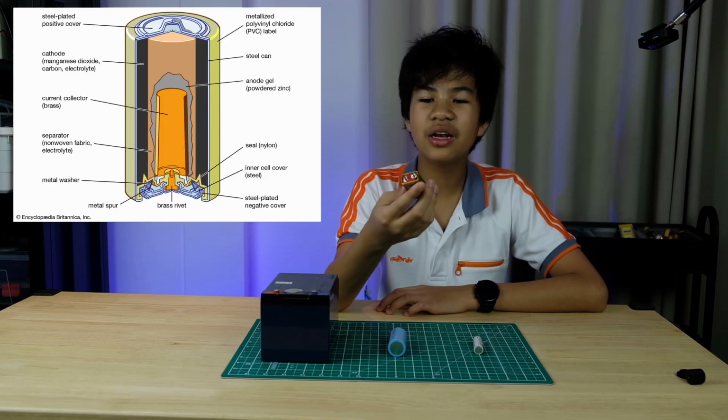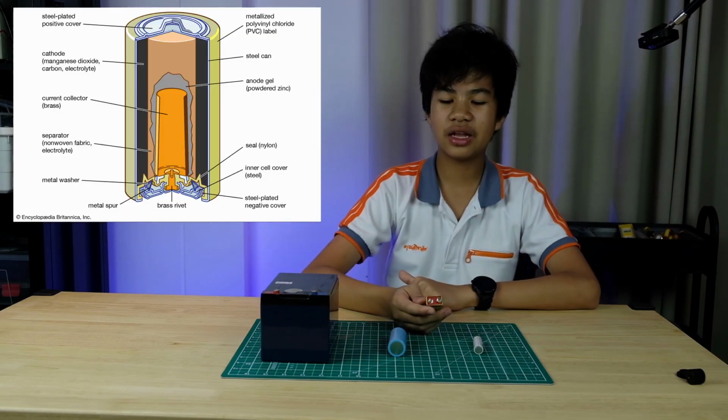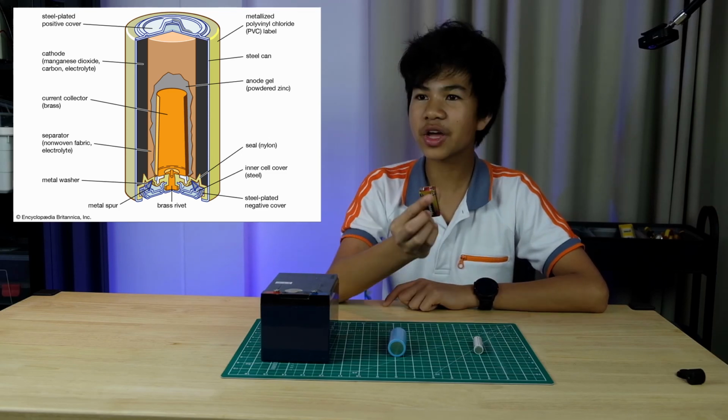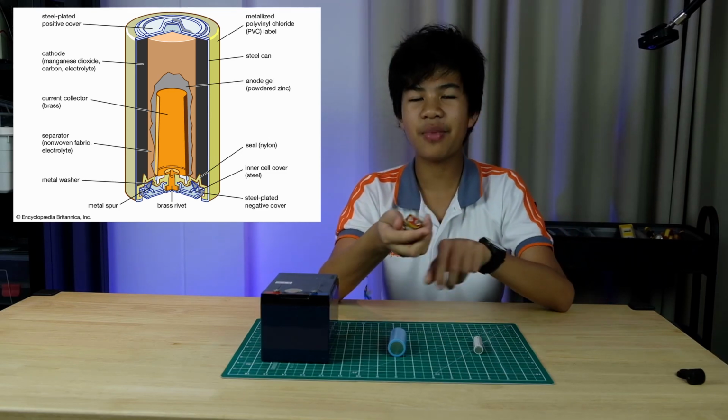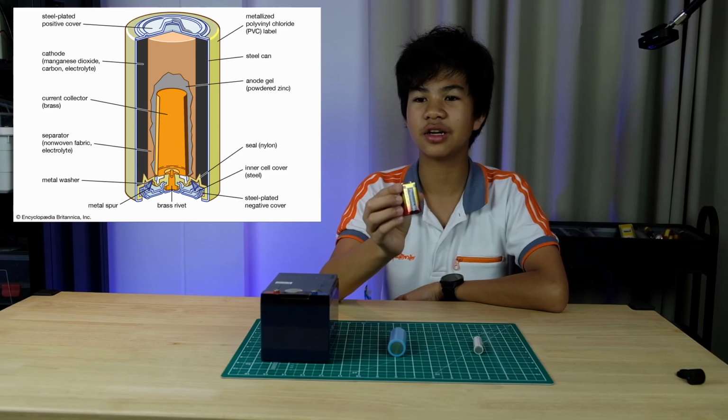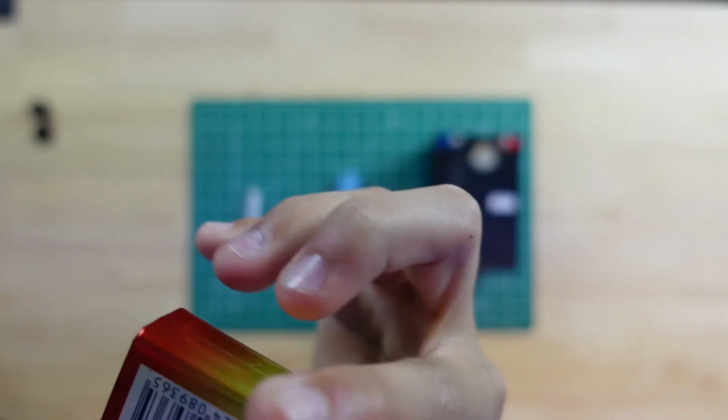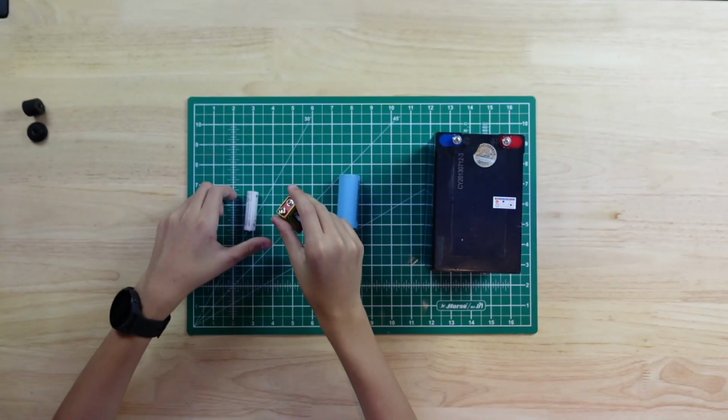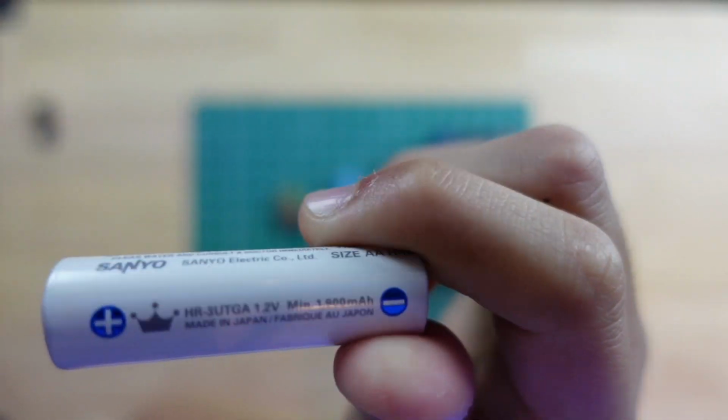Now alkaline holds a lot of juice and is also very compact. This tiny package has 9 volts of power. Very compact, yet it packs maybe 10 times more juice than this battery. So this is how I would like to classify the batteries.